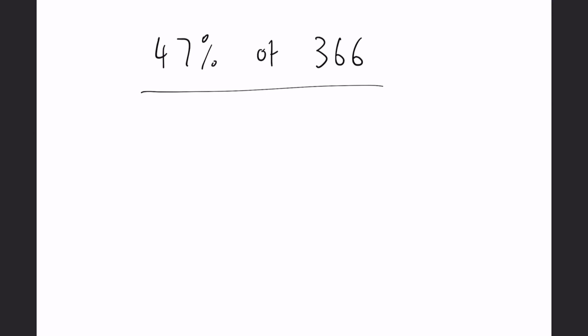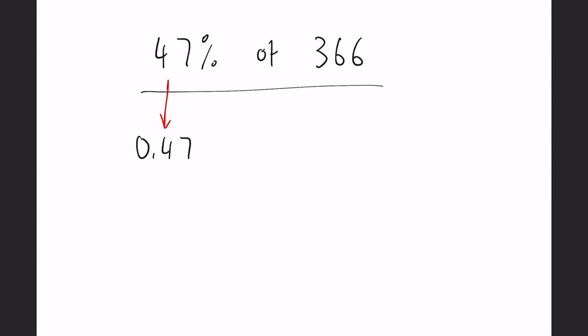One little side note I'd like to add on the end is if you do have a calculator and you do get something like work out 47% of 366. Now you can see evidently this is quite a hard question, but your calculator will actually solve it for you. All you have to do is convert that percentage into a decimal. If you're not 100% sure on how to convert them, then I have made a video on percentage, decimals and fractions.